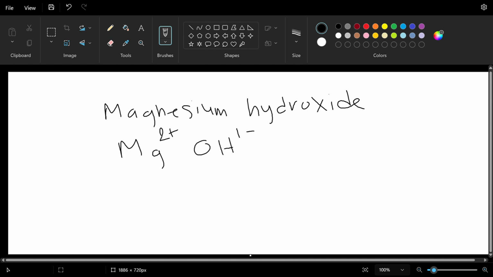So in this case, it's going to be Mg, and since hydroxide has a charge of -1, you won't be writing anything for magnesium. And the charge on magnesium is going to go to the hydroxide.